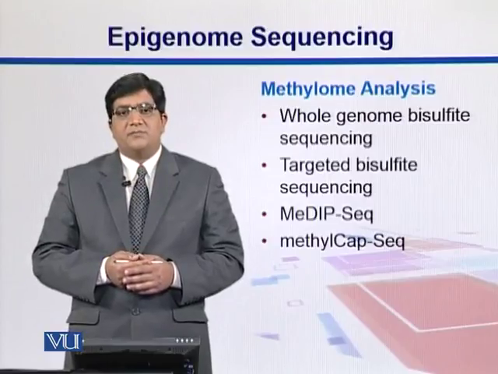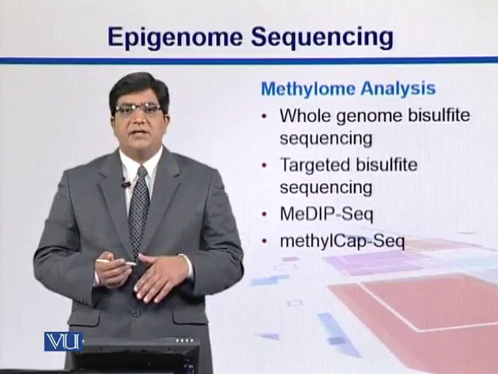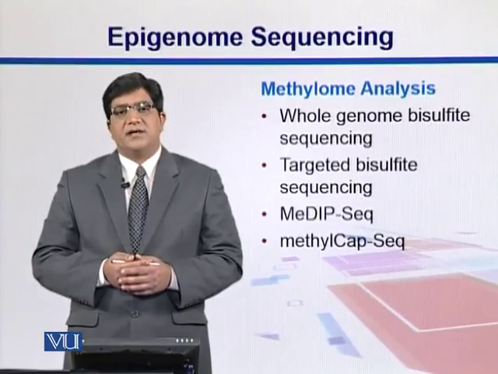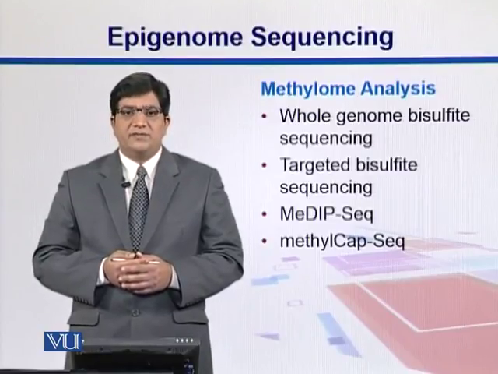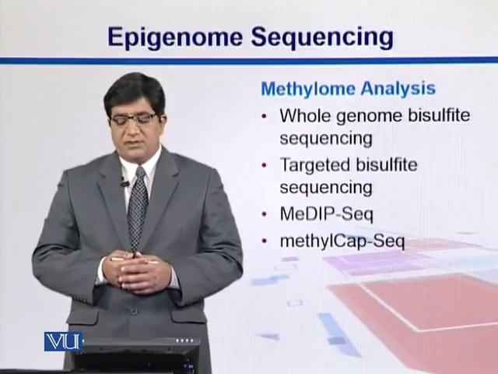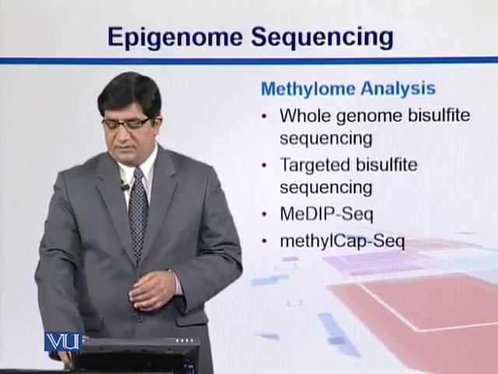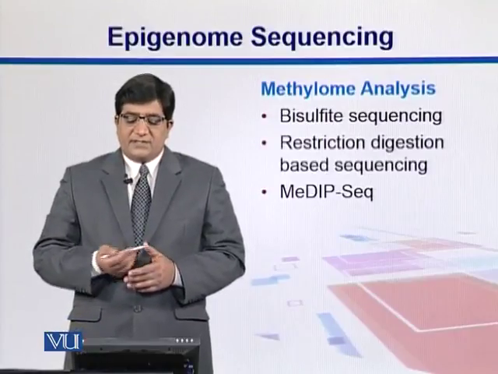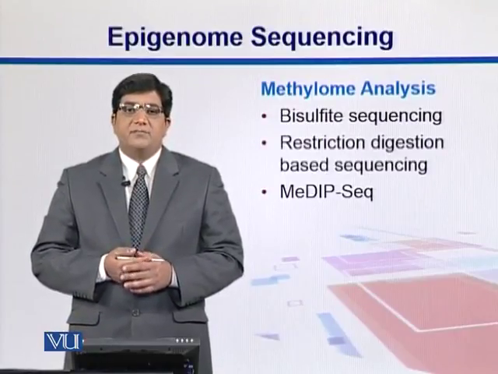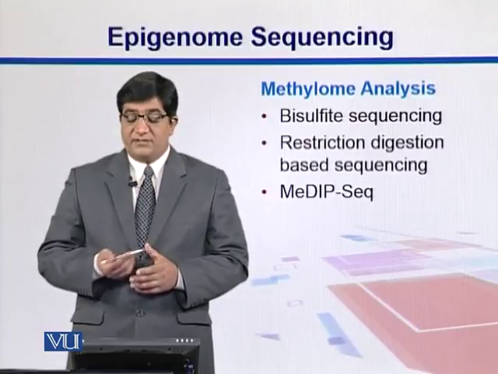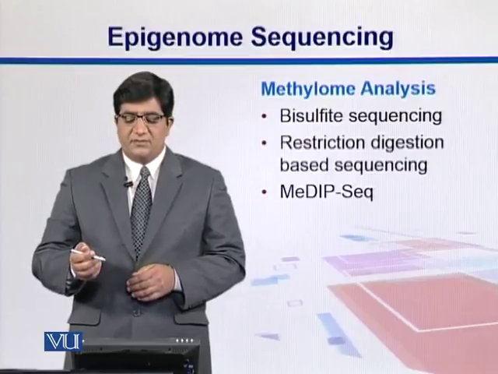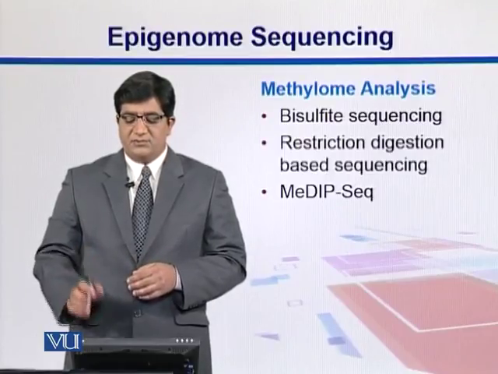We can also capture methylated DNA with a technique called MeDIP-seq, that is, methylated DNA immunoprecipitation. We can also do methyl cap-seq. So methylome analysis, as I said, can be done with bisulfite sequencing, restriction digestion based methods, and MeDIP-seq.